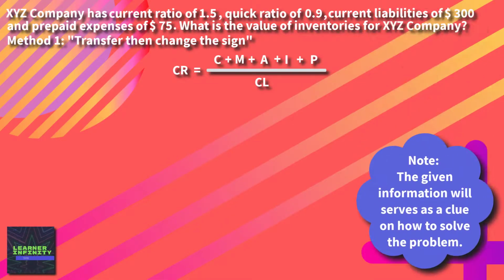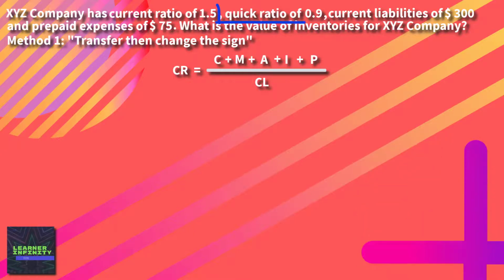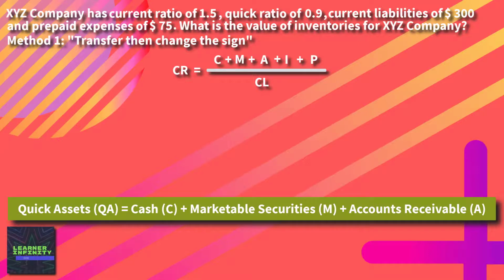Take note again that the given data will give you a clue on how to solve the problem. Quick ratio of 0.90 was given in the problem, and that's one way of determining the quick assets. Quick assets is composed of cash, marketable securities, and accounts receivable, and therefore we can reduce the formula as QA quick assets plus I for inventories plus P for prepaid expenses.